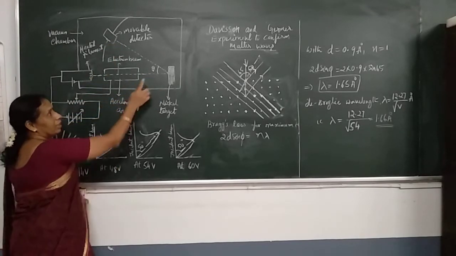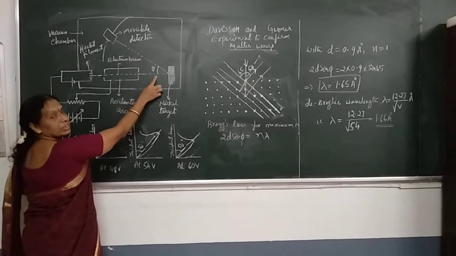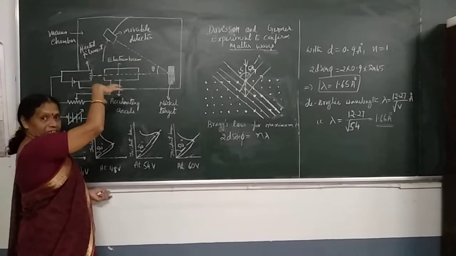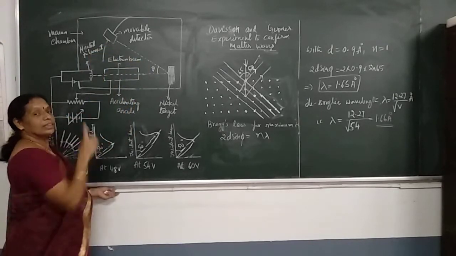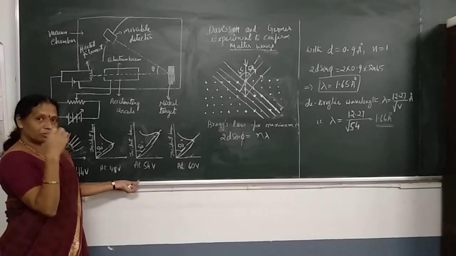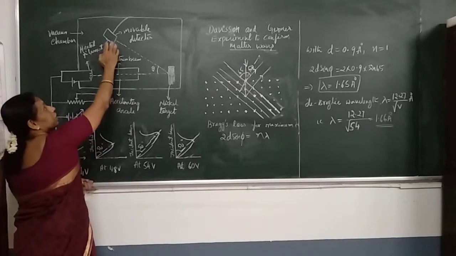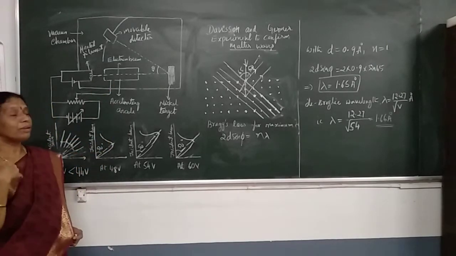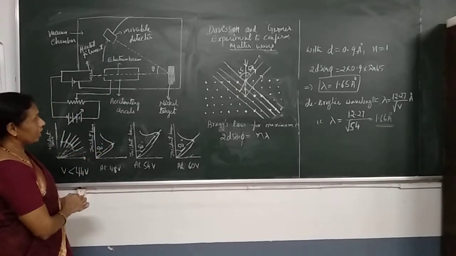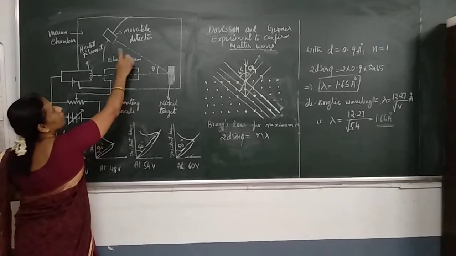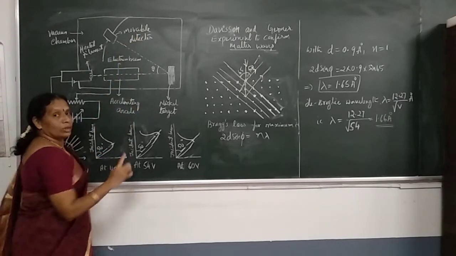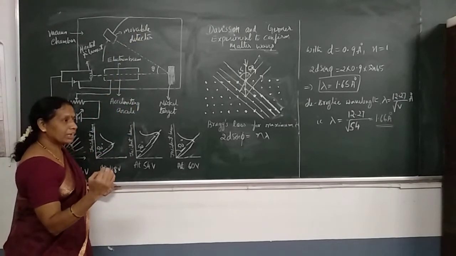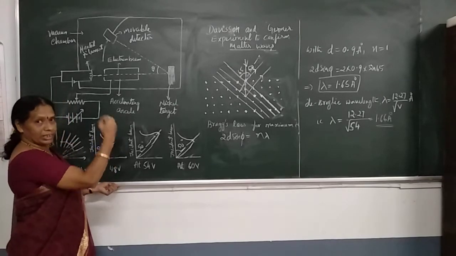Say, for example, suppose the electrons are deflected with this angle, this detector collects them, and the intensity of those electrons is measured by the galvanometer connected to the movable detector. This is the setup used by Davisson and Germer. By moving the detector, it is possible to collect electrons deflected with different angles.